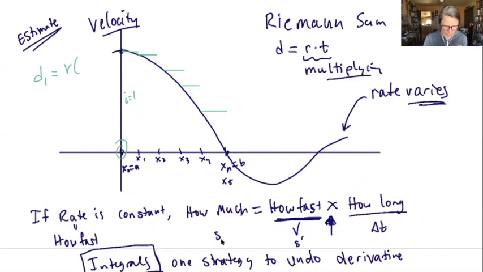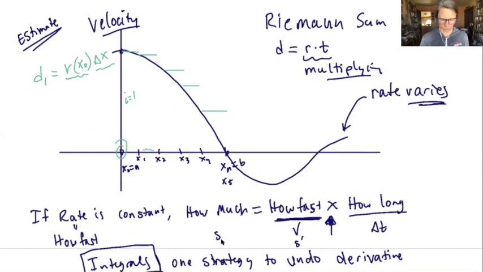So it's going to be the velocity at x naught times delta t, or delta x. I suppose I should keep my variables consistent here. Let's do delta x. So this is where we take the velocity and multiply by a change in input. So are there questions on that relationship for that first little piece?